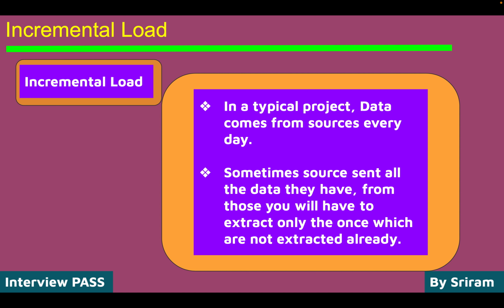Sometimes the source sends all the data they have. From those, you will have to extract only the ones which are not extracted already. Say for example, 10 records came yesterday. Today we are getting 20 records. That means we are getting yesterday's records also. But you have to extract only the data that has been modified or created today. That is incremental data load.